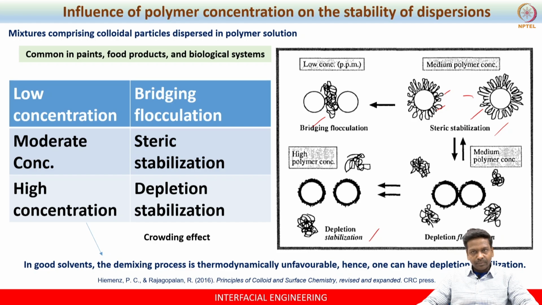So hence you can expect depletion stabilization, because here the polymer molecules will have good affinity between themselves and the particle surface. They can easily move around the particles, so the particles will be surrounded by these molecules, so they act as a shield, or crowding effect, right?